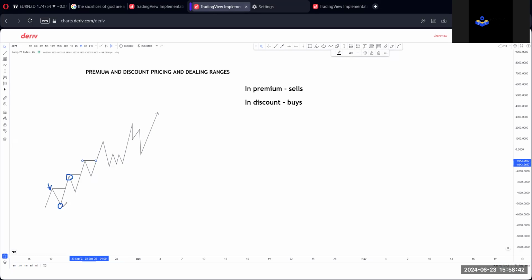All right. So this will be your low and this will be your high. So in between this range is what we call your dealing range. So this becomes your dealing range high and your dealing range low, which means that price may have to leave this zone, either to the upside or to the downside. But here we are looking at a bullish scenario. We are looking at a bullish scenario.